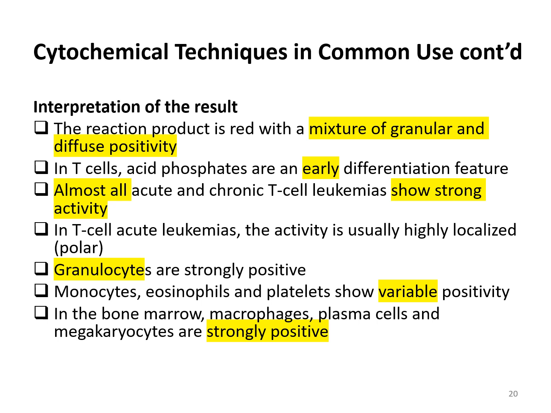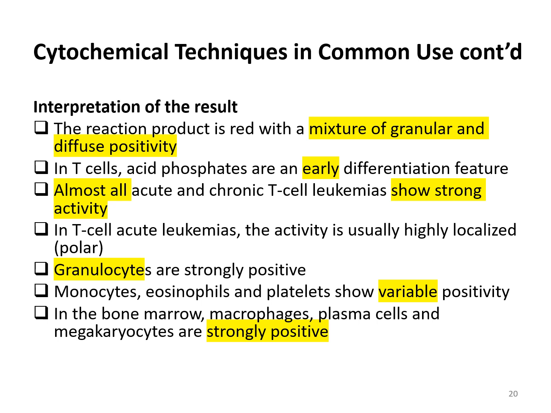In T cells, there is an early differentiation feature, so acid phosphatase may show early differentiation features. All acute and chronic T leukemias show strong activity. T cell acute leukemia is highly localized or polar.